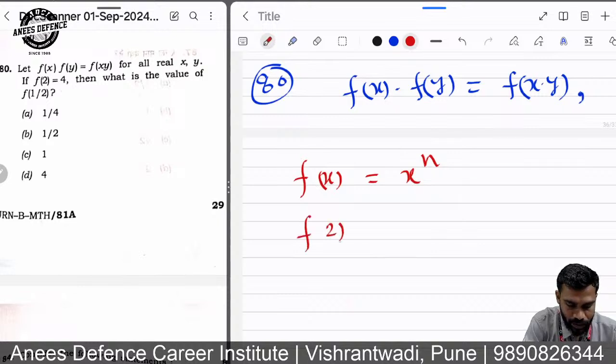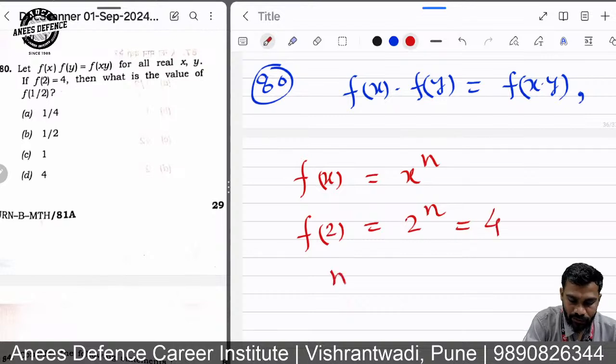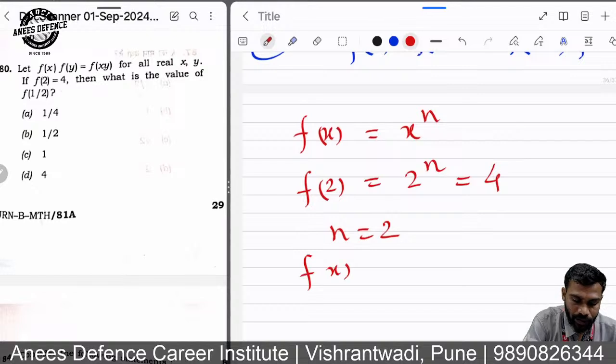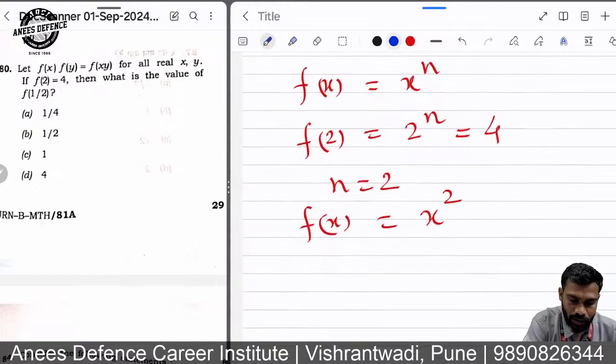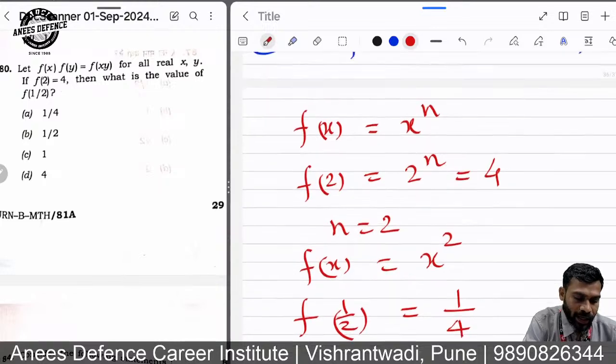So f of 2 is 2 raised to n, and that is equal to 4. So of course, n will be 2. It means our function will be x square, right? Very easy. Now, we need to find out the value of f of 1 by 2. Now, f of 1 by 2 will give you 1 by 4. So option A is the right answer.